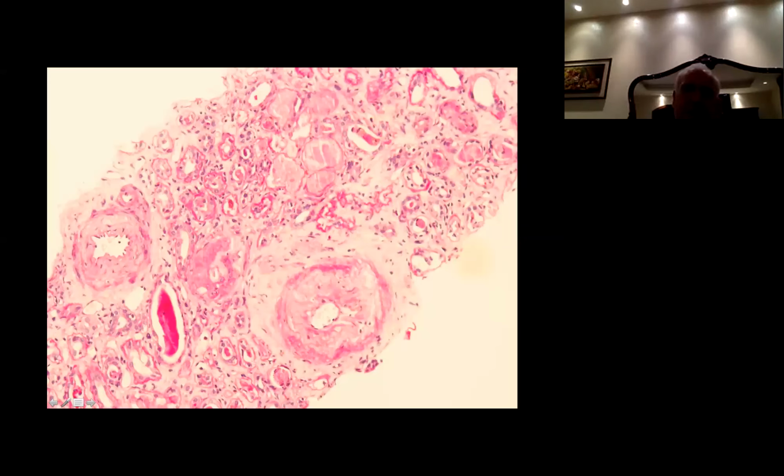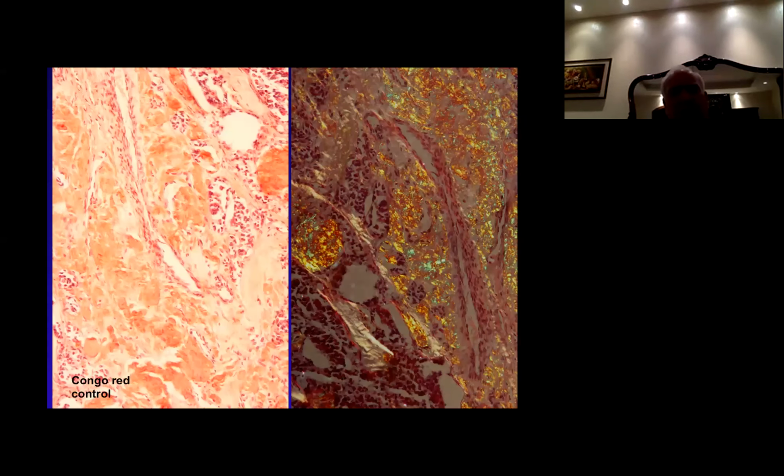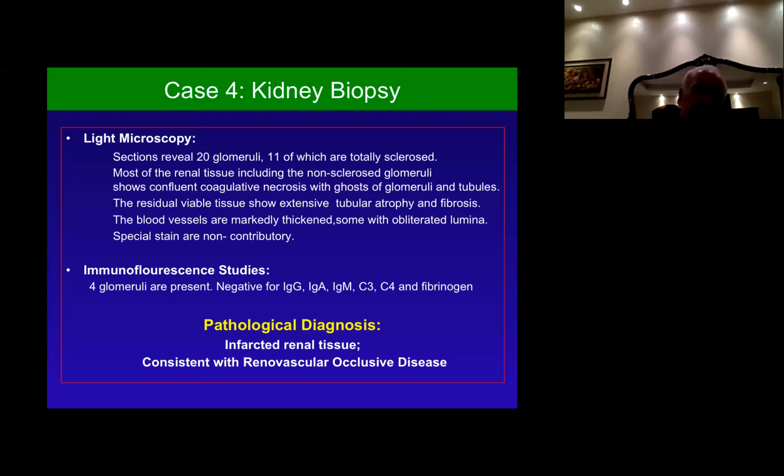Negative for amyloid. Congo red negative, that's fibrin. So we have infarcted kidney, consistent with renovascular occlusive disease. And if you remember, the ultrasound demonstrated poor blood flow to the kidneys.